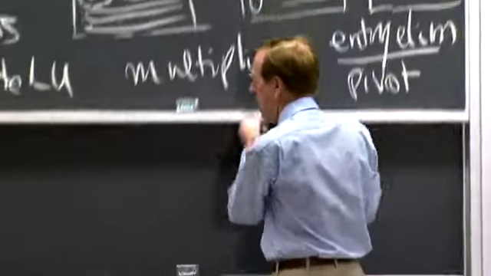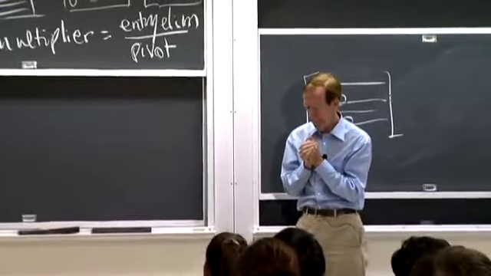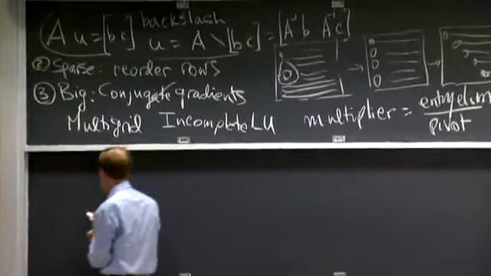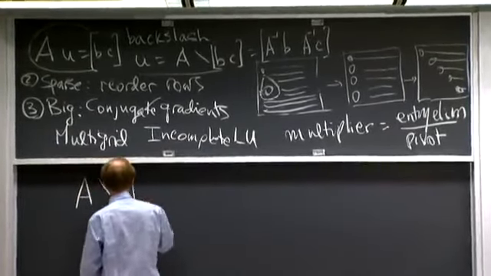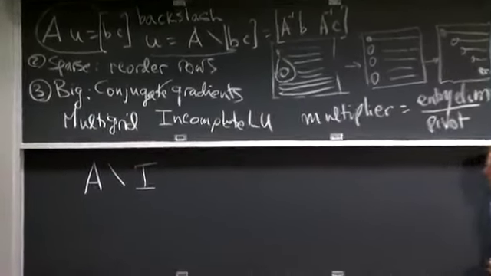So I don't know if you ever thought about the inverse matrix. Let me ask you this question. Suppose I use the command A \ I. What's that doing? That's putting the identity on the right-hand side.